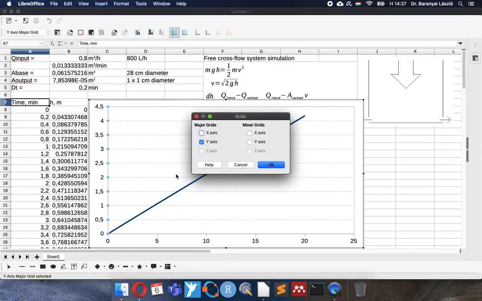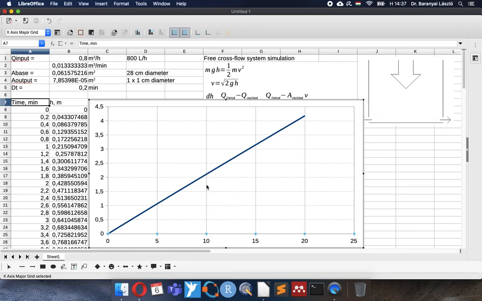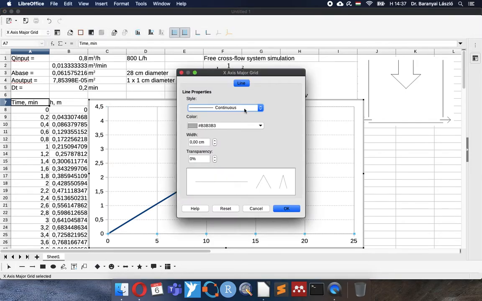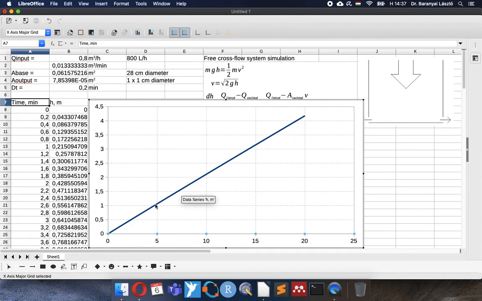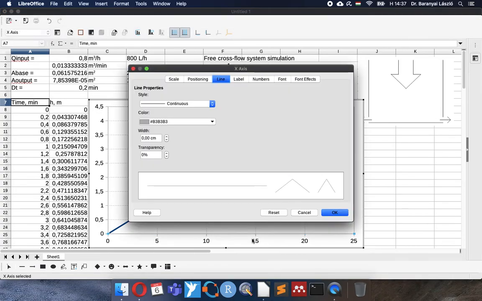I will add the other grid lines too. I prefer to have all grid lines because it helps a lot to read the values and identify all of them on the chart. It makes it more readable.